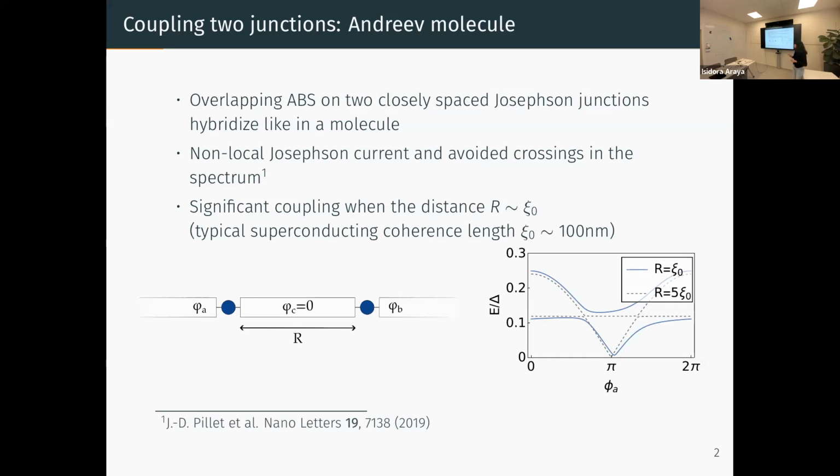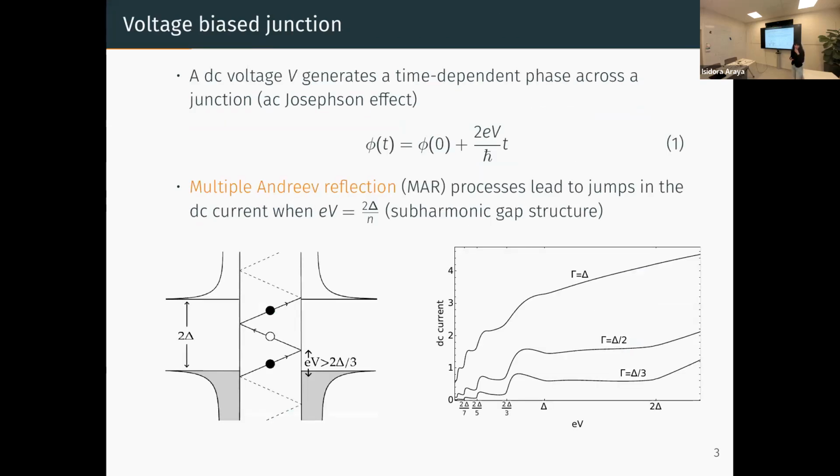Okay, so all this is in the equilibrium case, so I only have phase biasing. But here we will be interested in setups where we have out of equilibrium, so voltage biasing in our case.